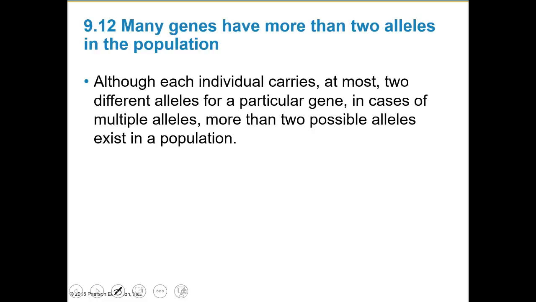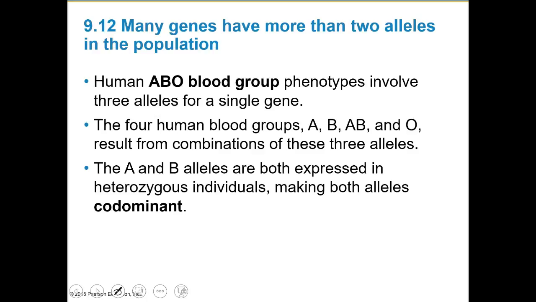Okay, although each individual carries at most two different alleles for a particular gene, because of the whole diploid thing, in cases of multiple alleles, there can be more than two possible alleles that exist in a population. I'm going to get my words out eventually. So a really good example of this is the ABO blood group.